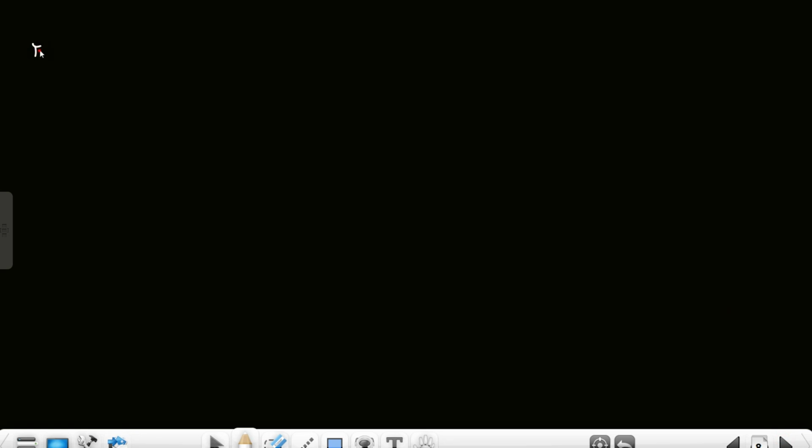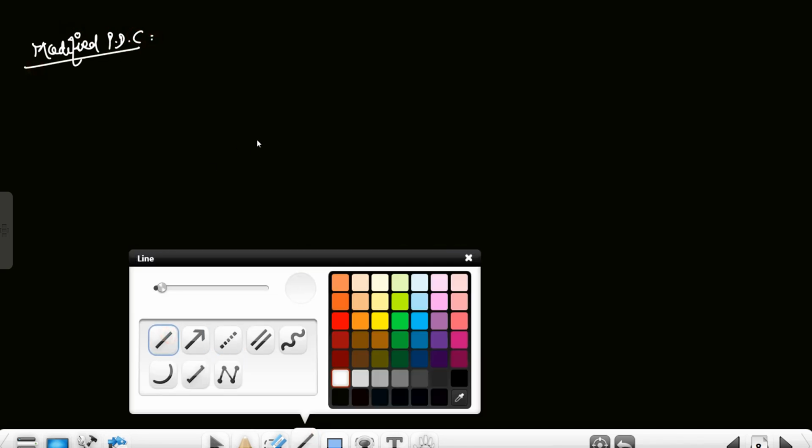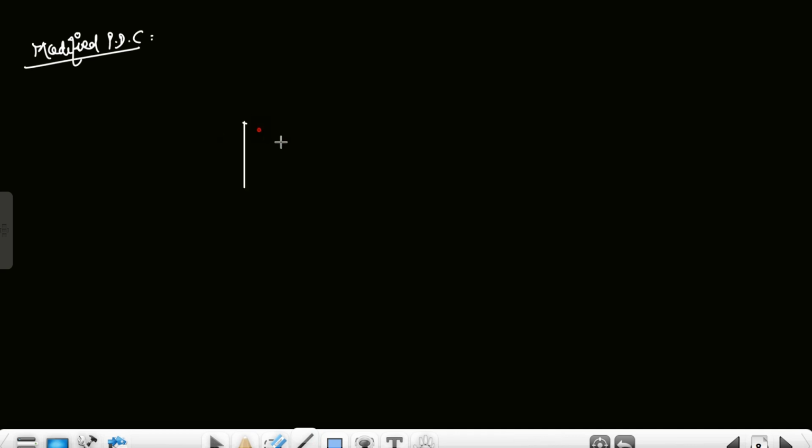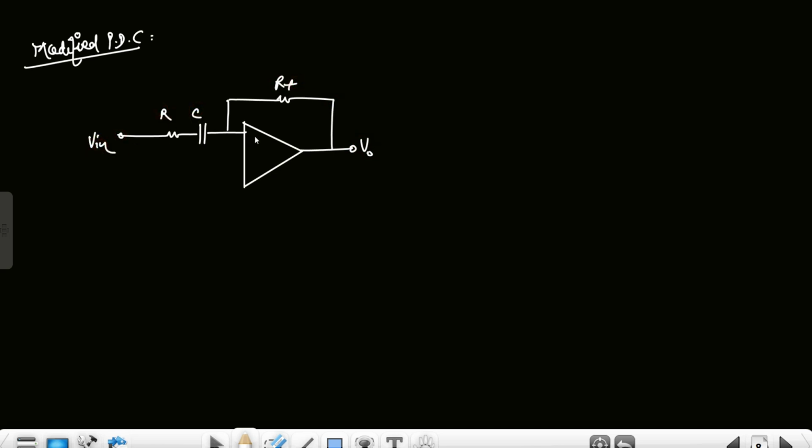So the modified practical differentiator circuit is, so this is the practical differentiator circuit, right? So now we will connect a capacitor in parallel with this resistor. Now this has become the modified practical differentiator circuit.